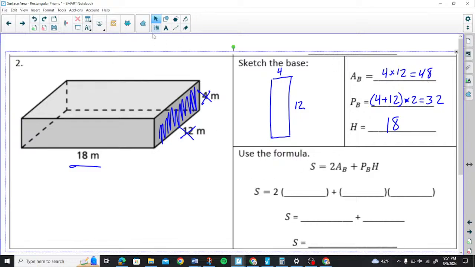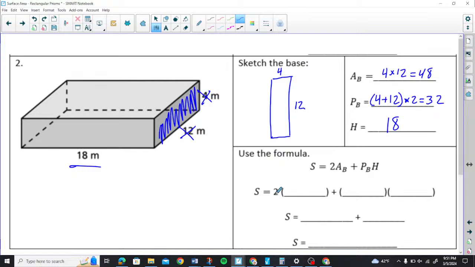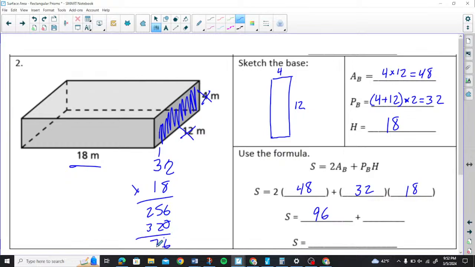So now all we do from here is we just take our numbers and we put them into our formula. We want 2 times the area of the base. Area of the base was 48, plus the perimeter, which is 32, times the height, which is 18. 2 times 48 is 96. 32 times 18: that's 6, carry the 1, that's 25, drop a 0, that's 32, so that's 6, that's 7, that's 5, so 576.